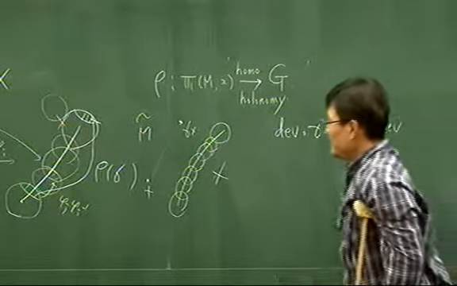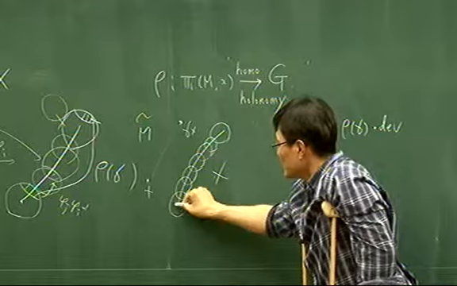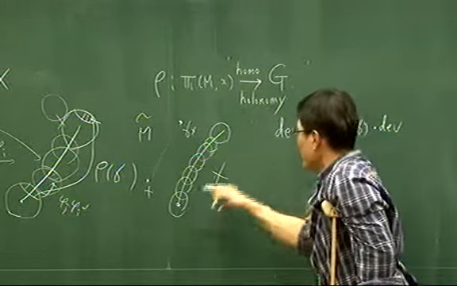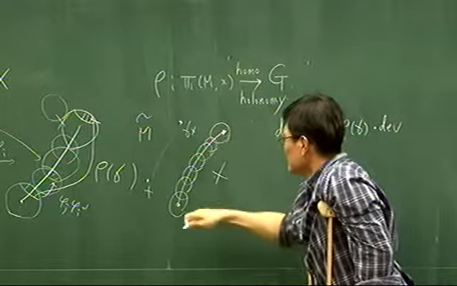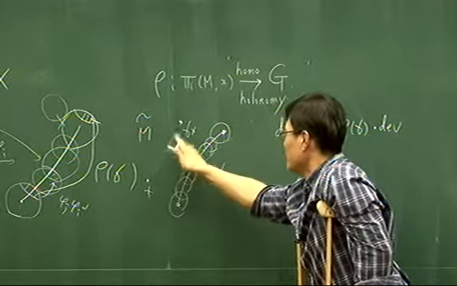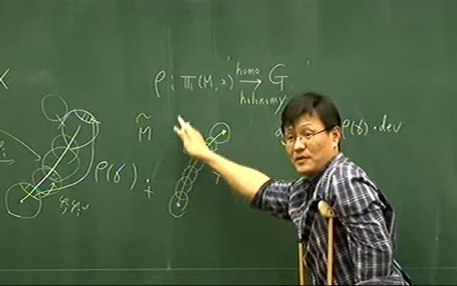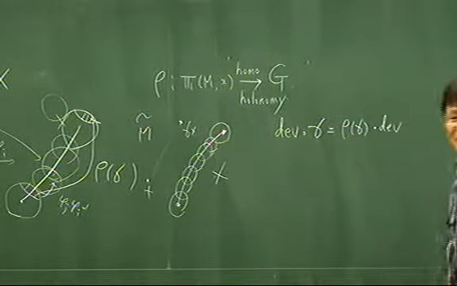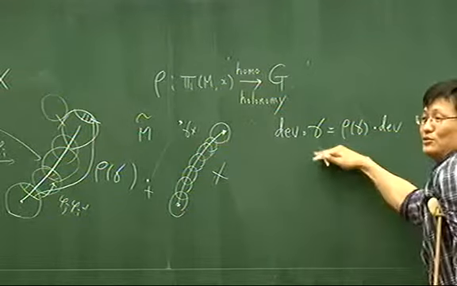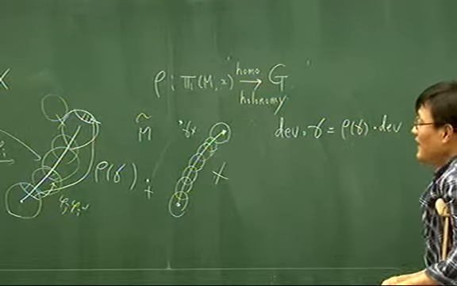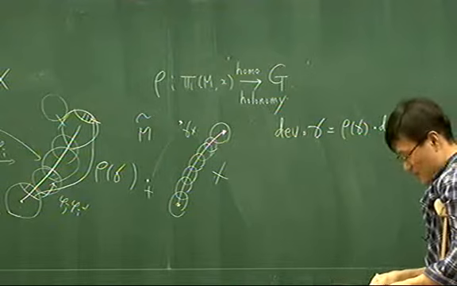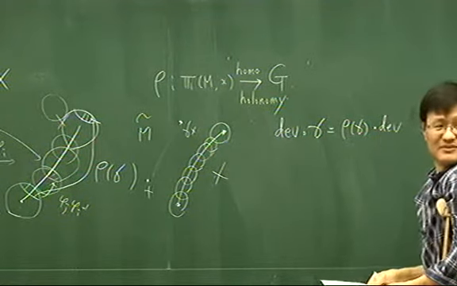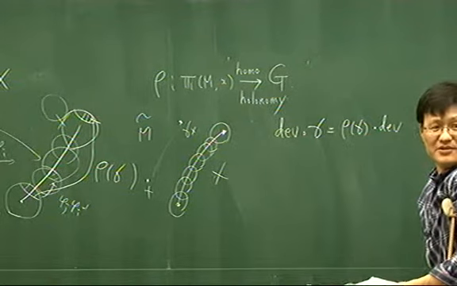If you first send x to here by the developing map and then make rho of gamma act on it, that is equal to first sending x by gamma on the universal cover and then mapping it by the developing map. This is the rule for the developing map and holonomy. Sounds reasonable.